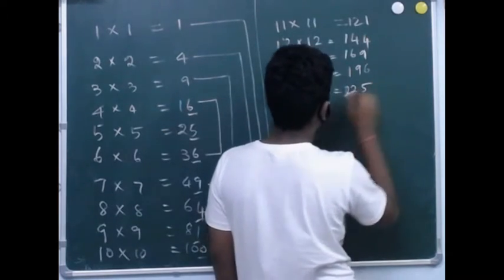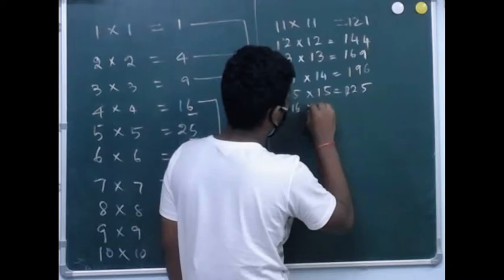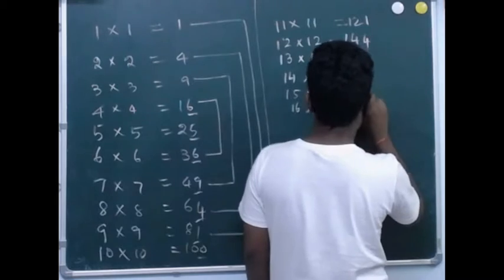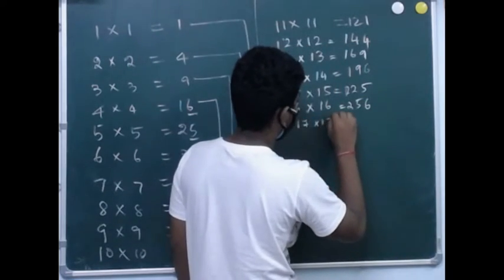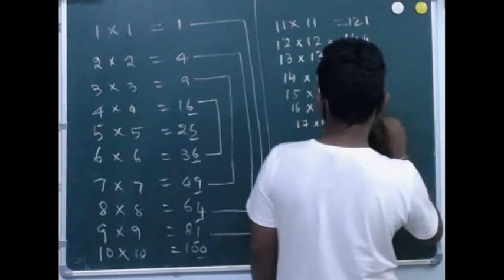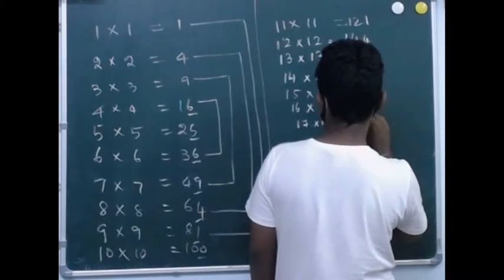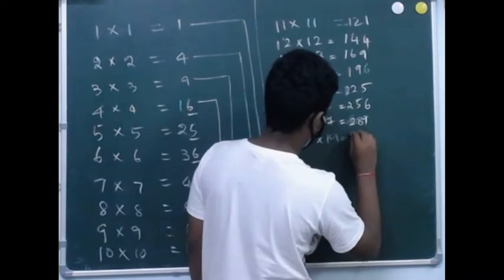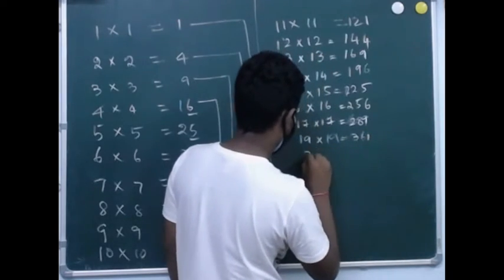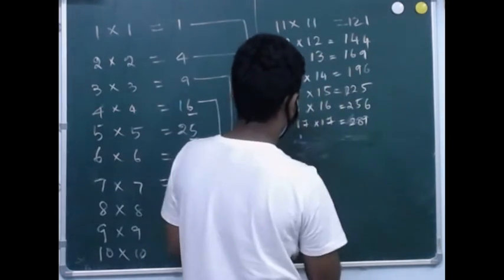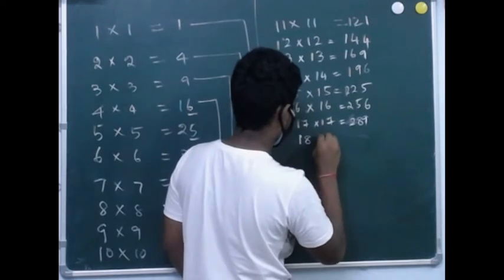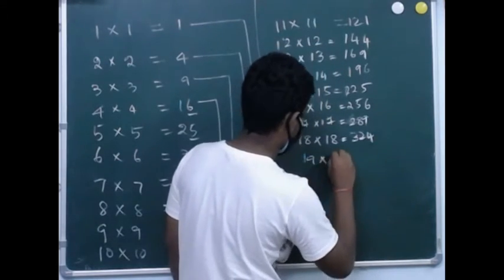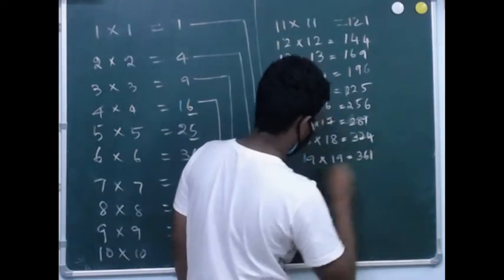Good. 15 into 15, 225. 16 into 16, 256. 17 into 17, 289. 18 into 18, 324. 19 into 19, 361. 20 into 20, 400.